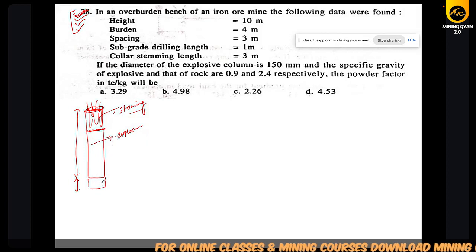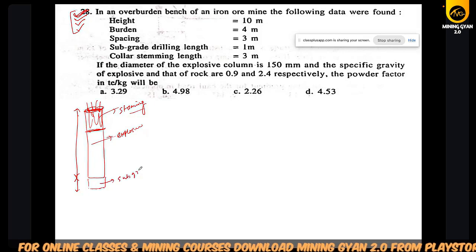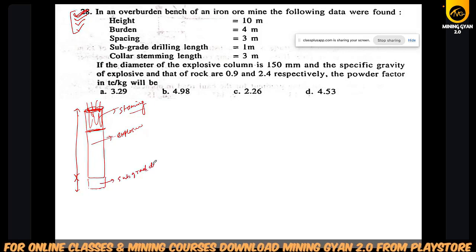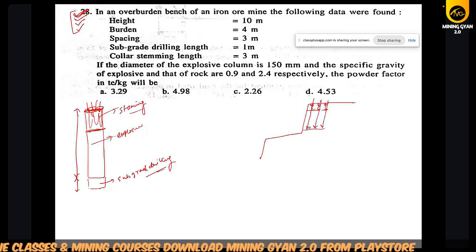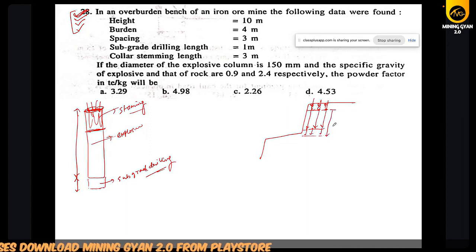Sometimes you also have to put some explosive in your sub grade drilling. If this is a bench and you have to throw it, you will have to drill holes. In the upper part of the drill hole you fill stemming. Sometimes you have to drill some subgrade, so your explosive goes from here to here, and you have to take this length for your explosive calculation.